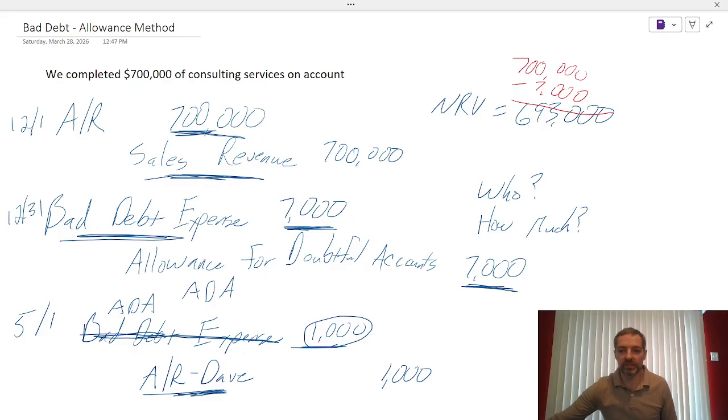After we write off this account, we now have $699,000 in accounts receivable. We took Dave's $1,000 off, but we also took $1,000 out of the allowance for doubtful accounts. So that is now only $6,000. The net realizable value is still $693,000.